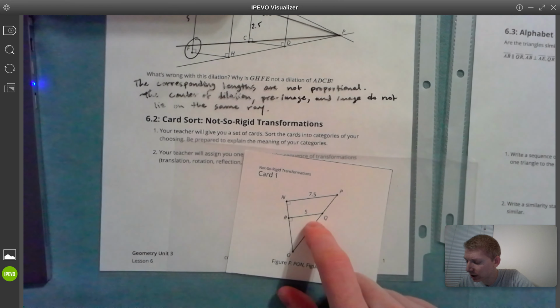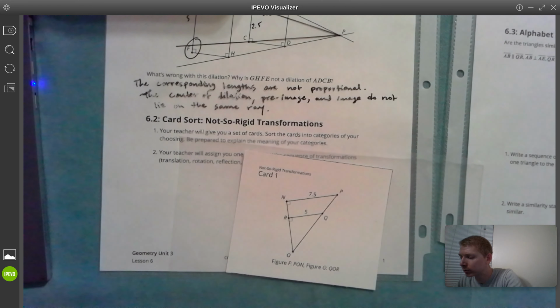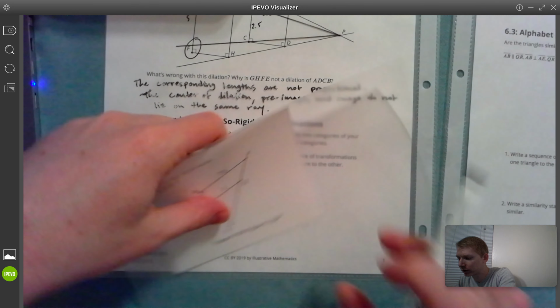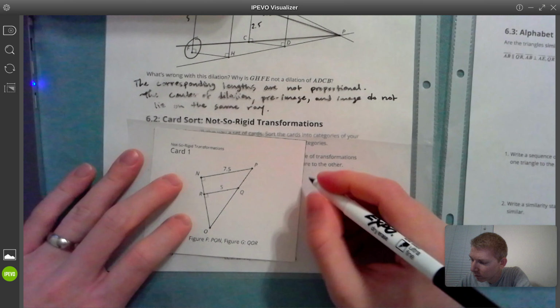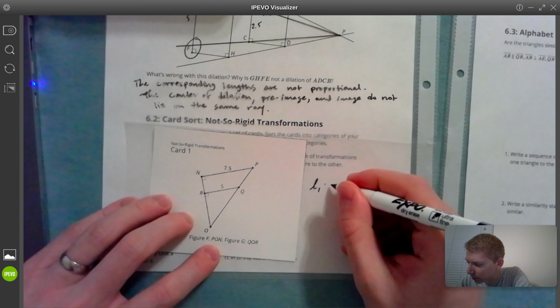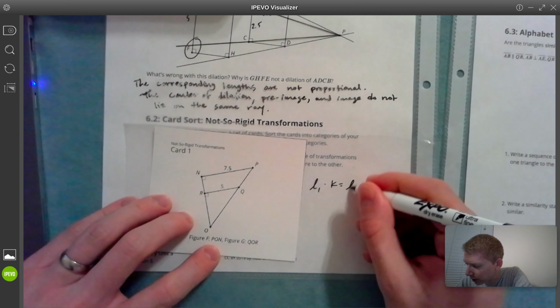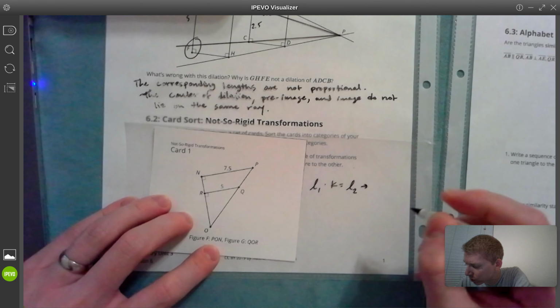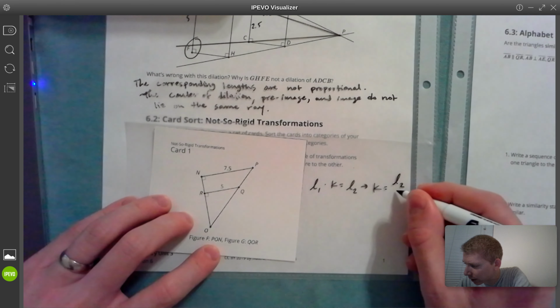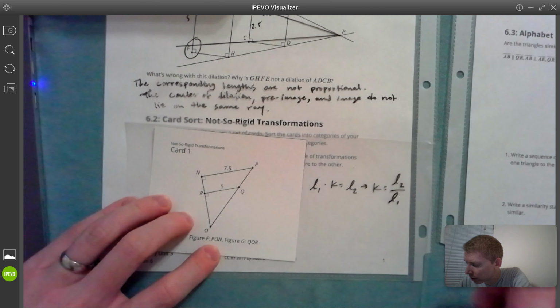The only thing that we need to calculate for this one is the scale factor. So remember that our formula: we're going to take some length and multiply it by a scale factor to get some new length, which leads us to our formula for a scale factor: some new length divided by the original length.